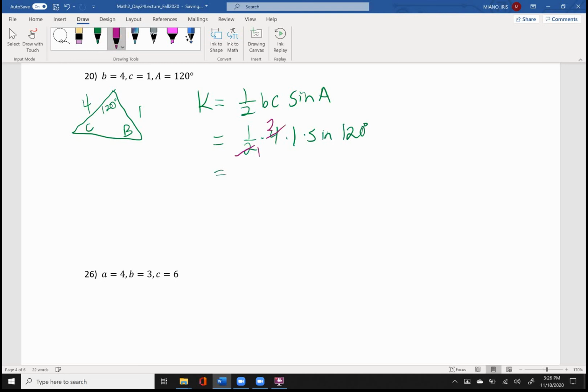We'll be left with 2 times sine of 120. Sine of 120 is root 3 over 2. So 2 times, check this out, 2 times root 3 over 2. Those 2's are going to cancel. And you'll have root 3 is the area, square root of 3, which is approximately 1.73. And slap on some square units, however generic.